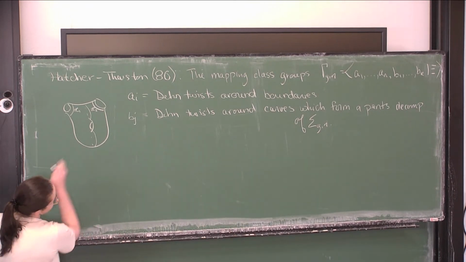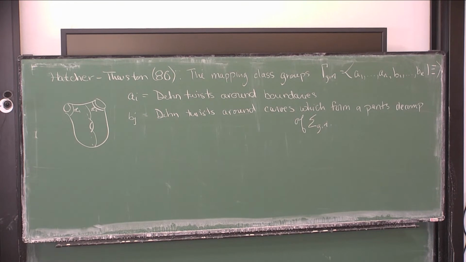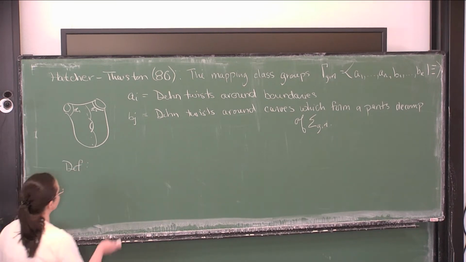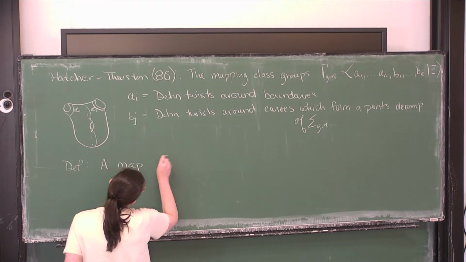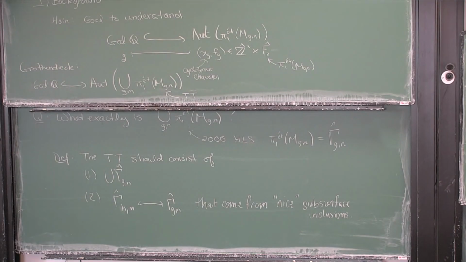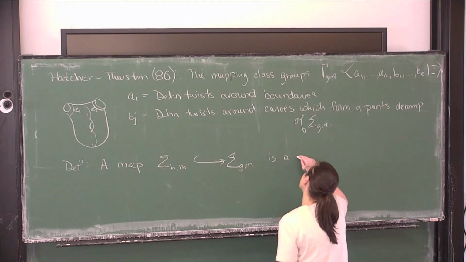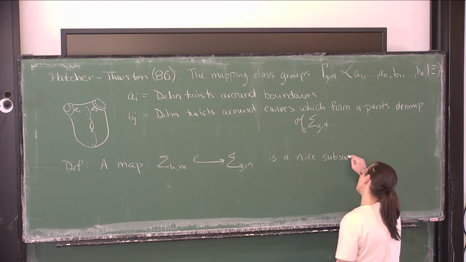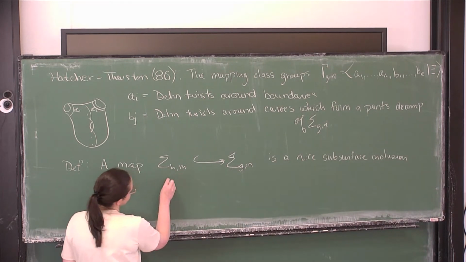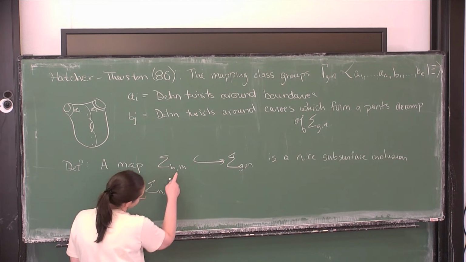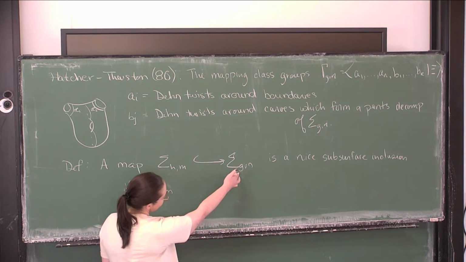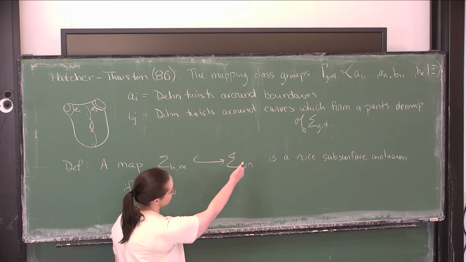Using this idea, we have a map, let's say an inclusion of surfaces here, which is a nice subsurface inclusion if I obtain the smaller surface by cutting along some finite number of curves.